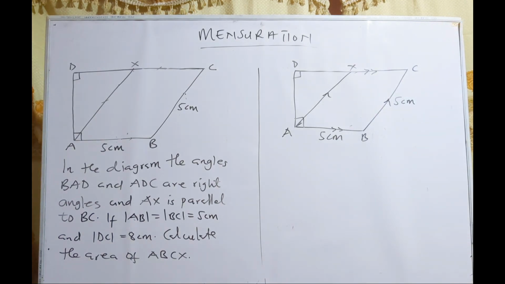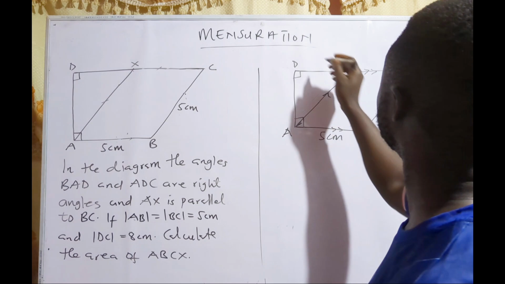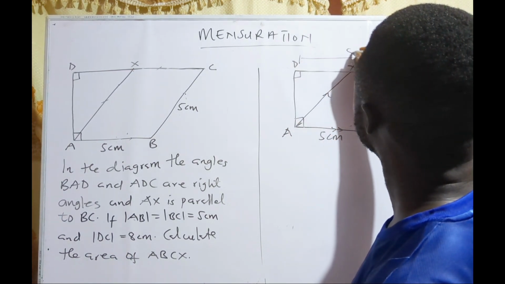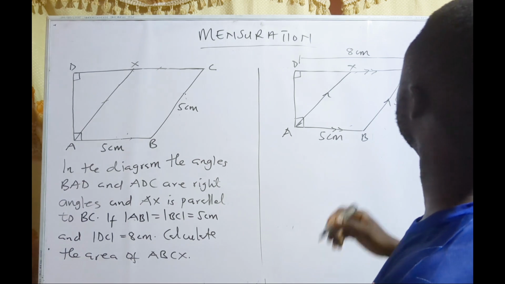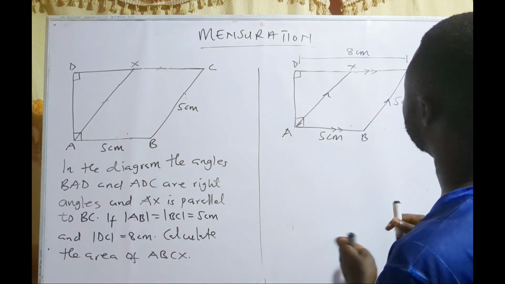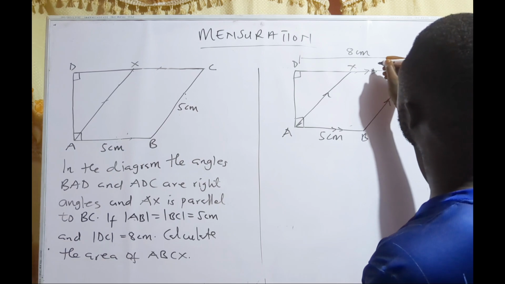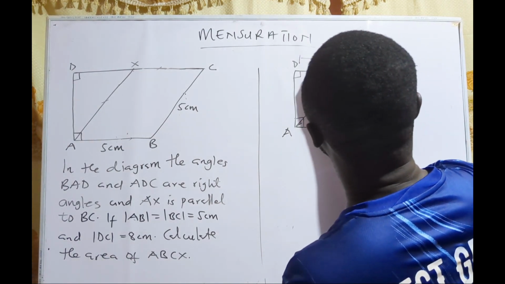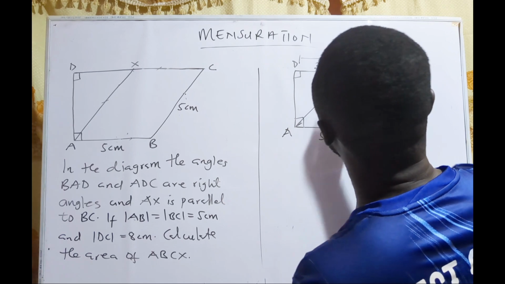And we're given DC as 8. And if here is 8, we know in a parallelogram the opposite sides are the same. So if here is 5, then here is going to be 5. And what will happen to here? 3 centimeters.